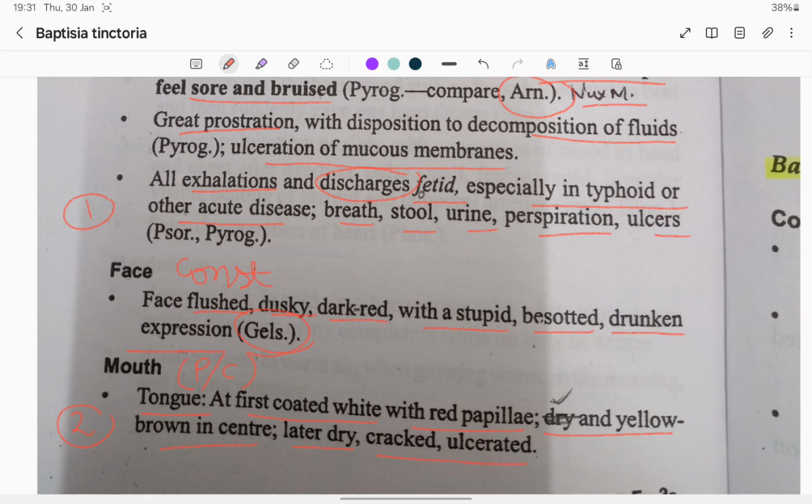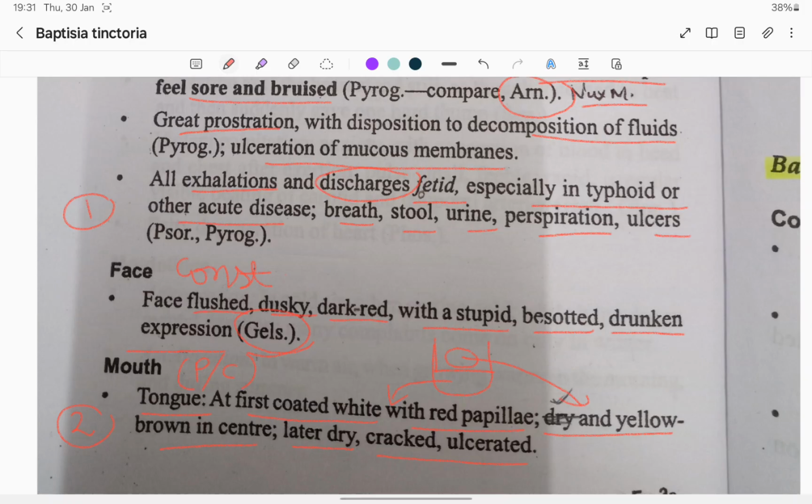I am drawing the tongue here. So tongue first coated white with red papillae. Dry and yellow-brown in the center.